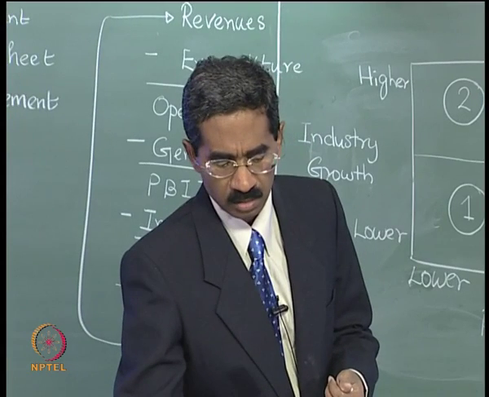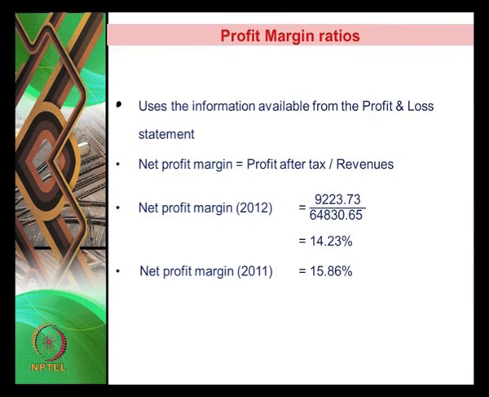So if you try and calculate the net profit margin for 2012 in the case of NTPC, it is 9223.73, which is your profit after tax, and then the revenues during the year were 64,830.65 crores.